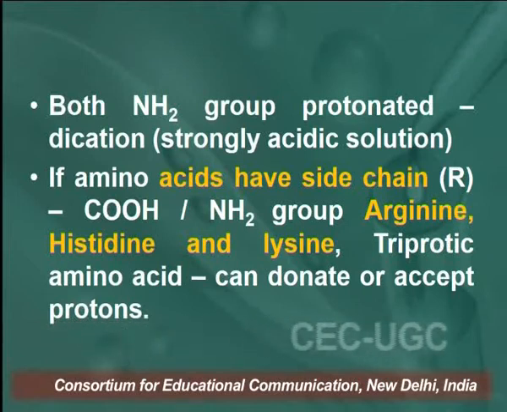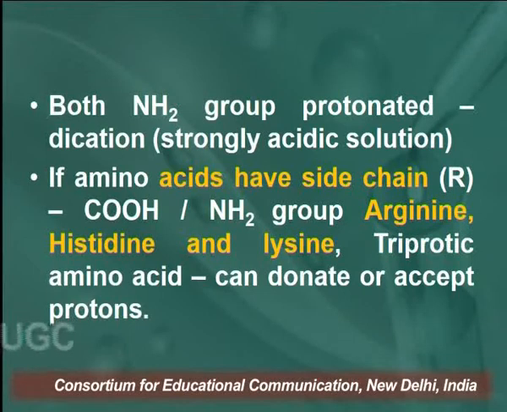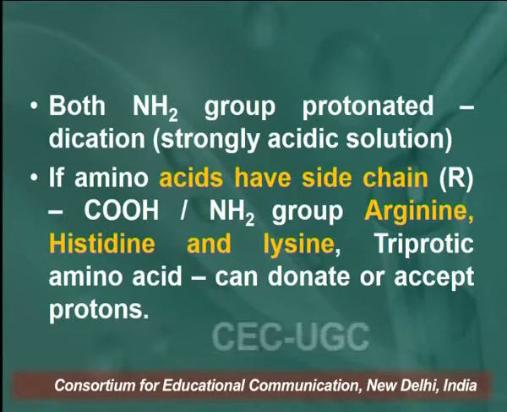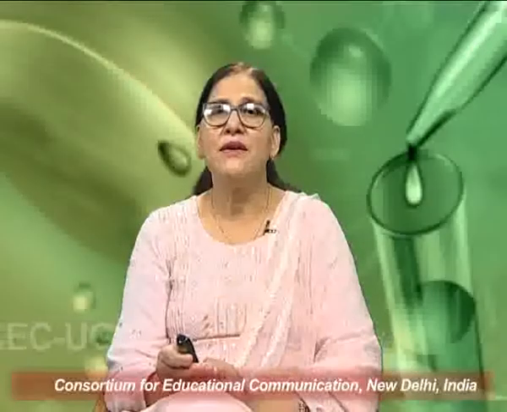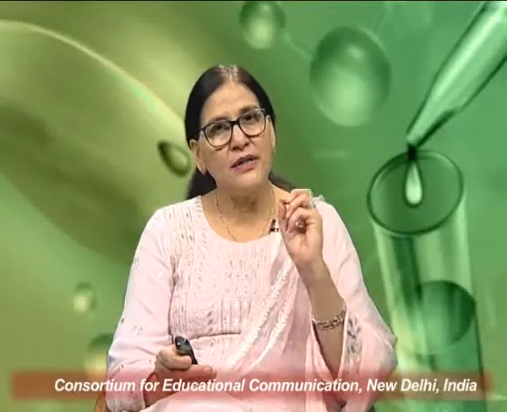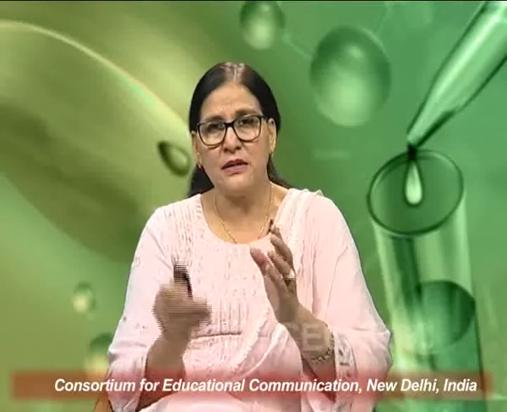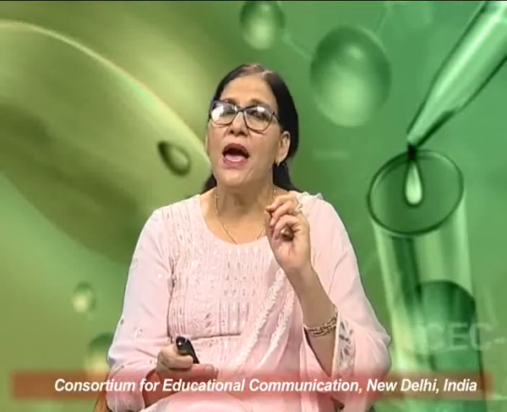As we have seen in the previous example, alanine is diprotic because only the NH2 group and the COOH group can deprotonate or protonate, but these are examples of amino acids which are triprotic, and all of them can donate or accept protons.